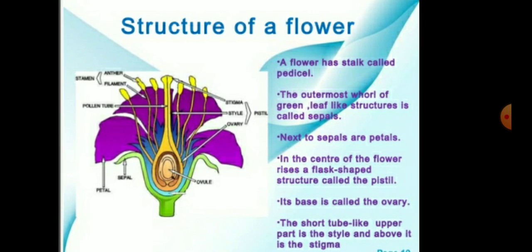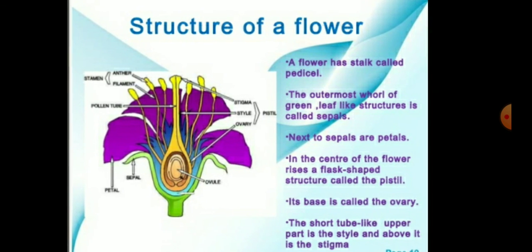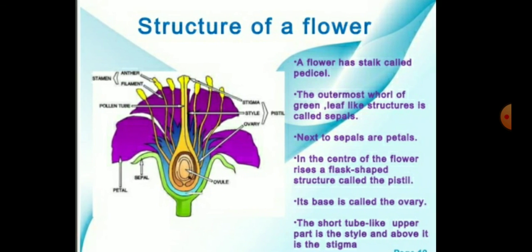The short tube-like upper part is the style, and above it is the stigma. So children, the other part is called the androecium, which is the male reproductive structure. It is also called the stamen. Stamens are divided into two parts: anthers and filaments. In the anthers there are various pollen grains present.